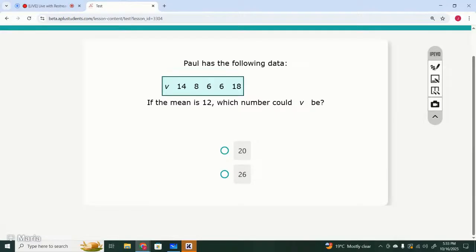Paul has the following data. If the mean is 12, what number could V be?